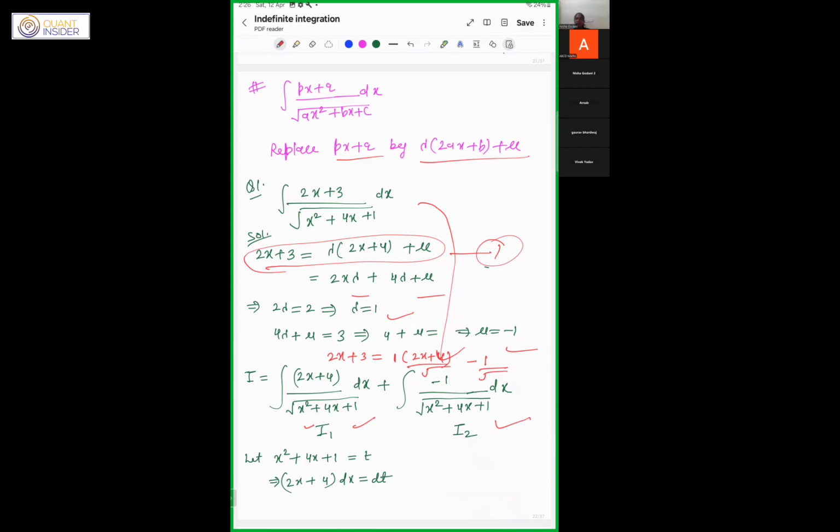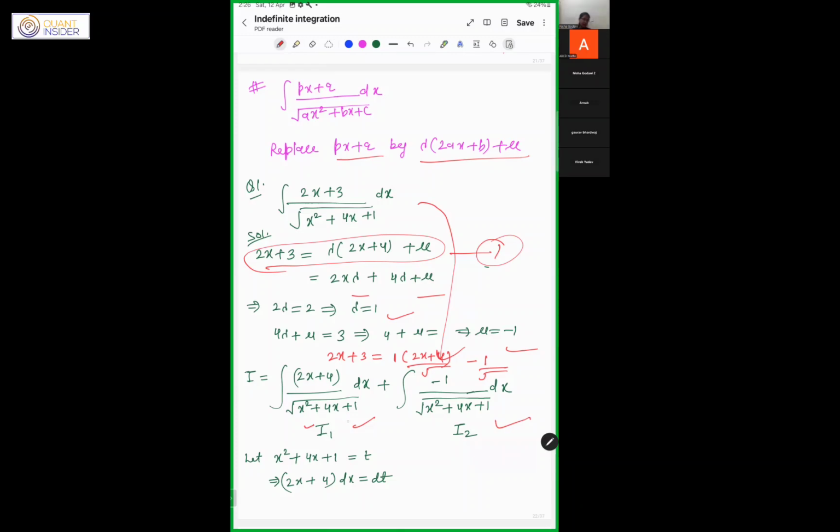Okay, Arnav, Jordi. Now the question is how to integrate. I told you the result when you have a function in the numerator which is the differentiation of the function in the denominator. But here, in the denominator you have a function with an under root sign.